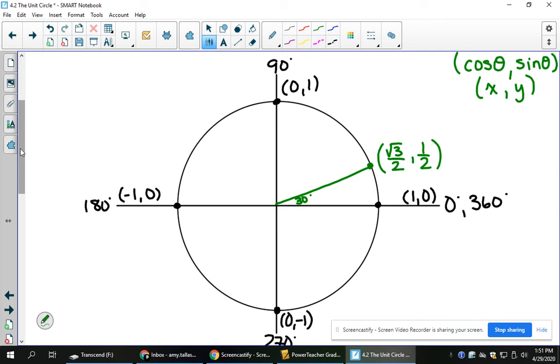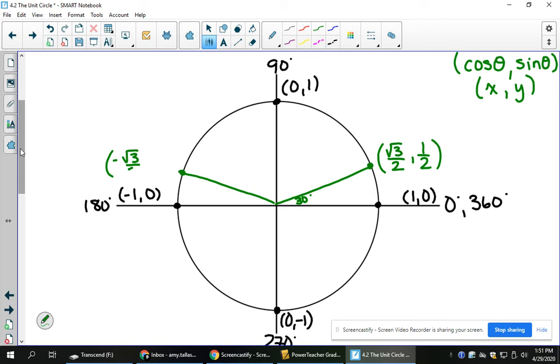Now I'm going to show you how we really don't need to know any of the other quadrants. We only need to know quadrant 1, because if you imagine this green line being reflected, like we did in Unit 1, over the y-axis into quadrant 2, what's the only thing that would change? The y value is still the same, but the x value is now negative.